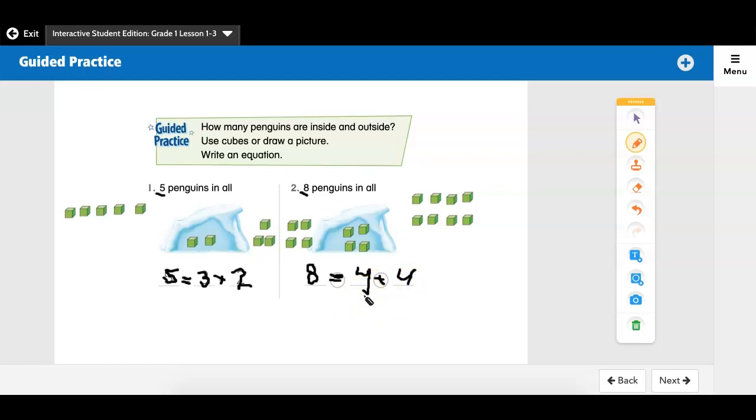All of those addition statements are still equal to 8. However, if you were going to write 5 plus 3 equals 8, that does equal 8, but your picture up here, you would have to have 5 penguins in and 3 penguins out, or you would just have to make sure whatever you drew up here or used up here matched this statement.